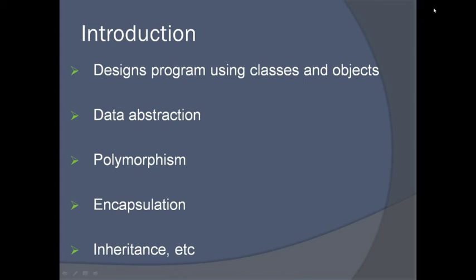It consists of some important concepts like data abstraction, polymorphism, encapsulation, inheritance, etc. While object-based programming is similar to object-oriented programming, with a difference that it doesn't support the concept of inheritance. So we can say that object-oriented programming is more useful than the object-based programming approach.